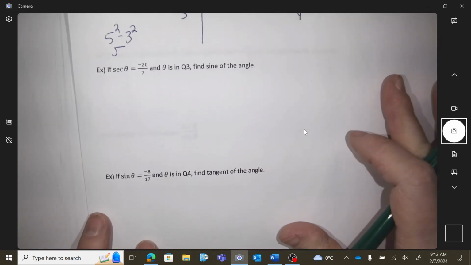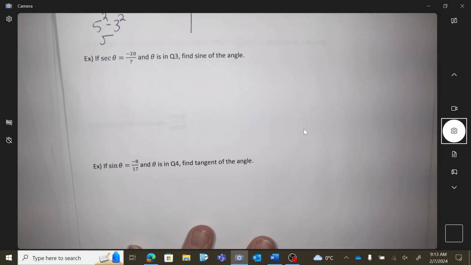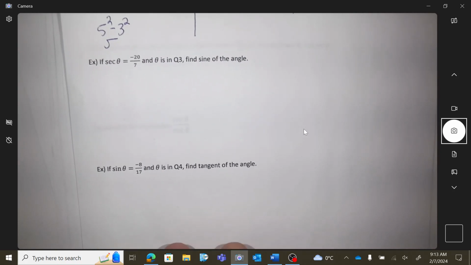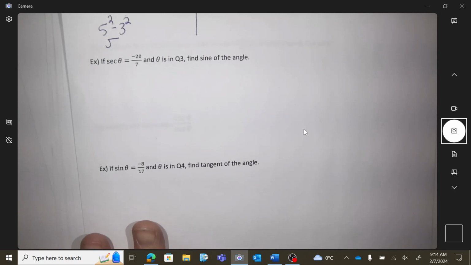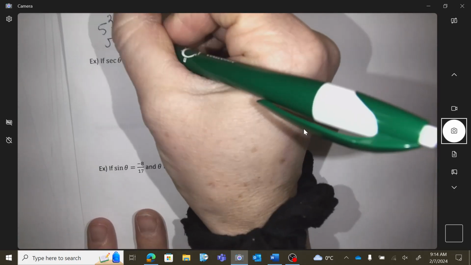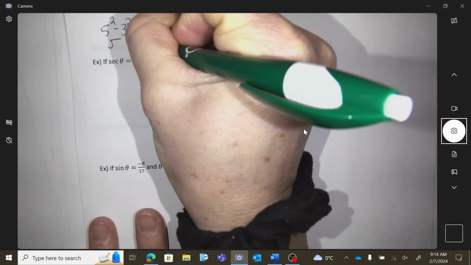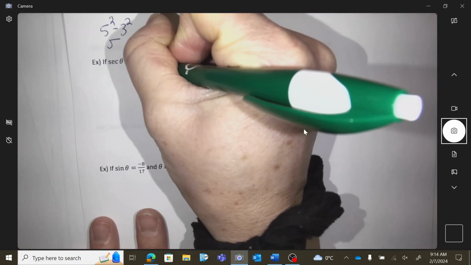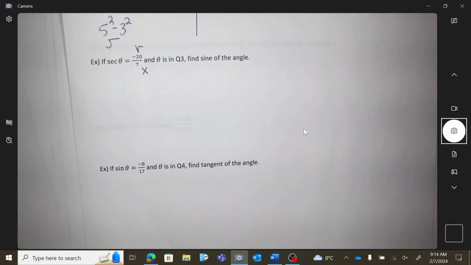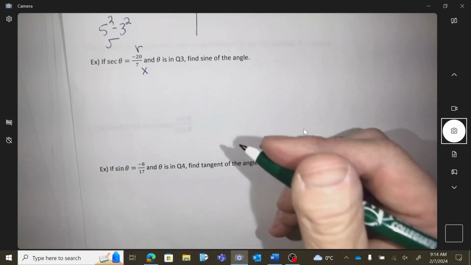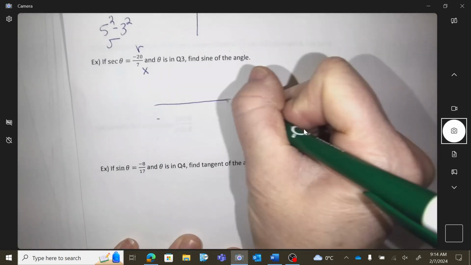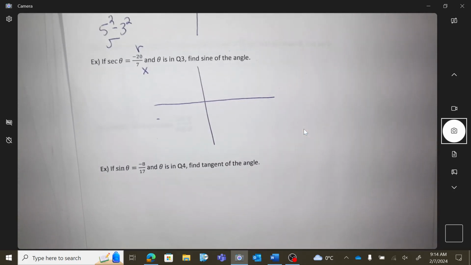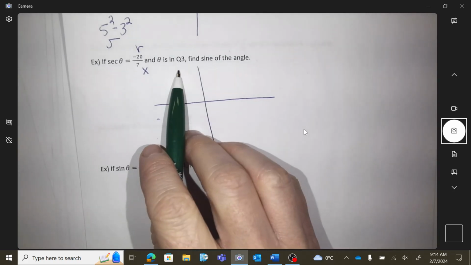Okay, next question. We were given a secant. So which letters does secant deal with? What and what? R and an X. Okay, so this is in quadrant 3.